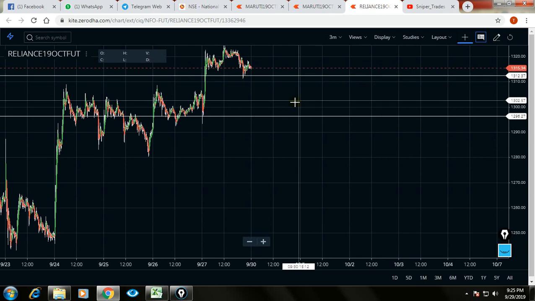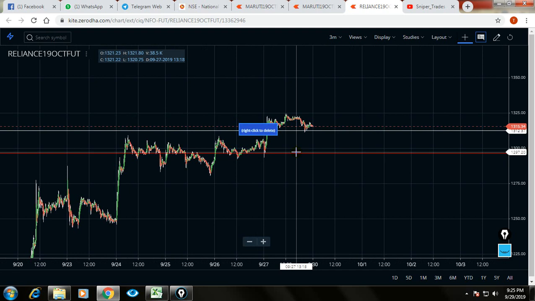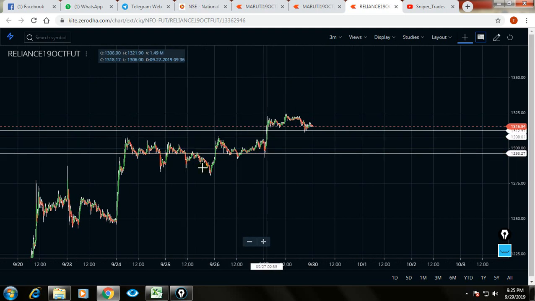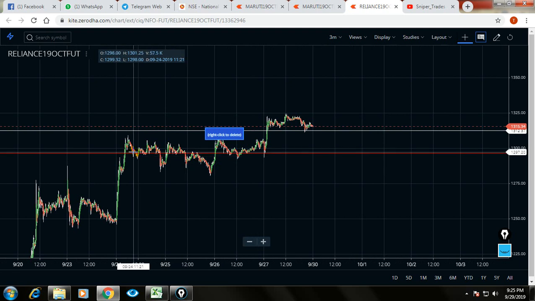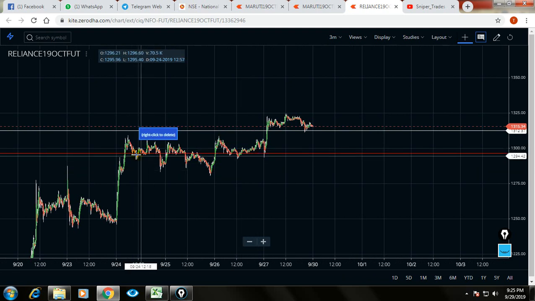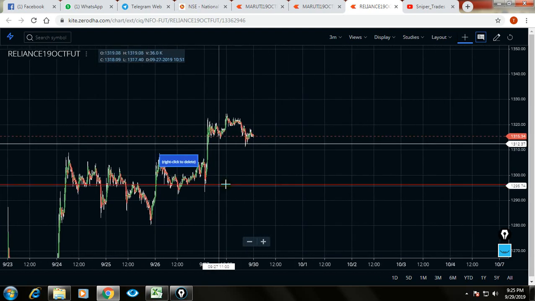So see, our Excel tool is automatically detecting the support and resistance which are of significance. This is a significant support because the price is getting slowed down at this level. The levels where the price is spending much of its time are called support or resistance. So this line is 27th September 2019's support level.